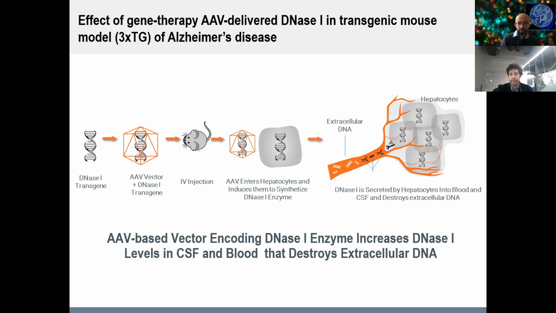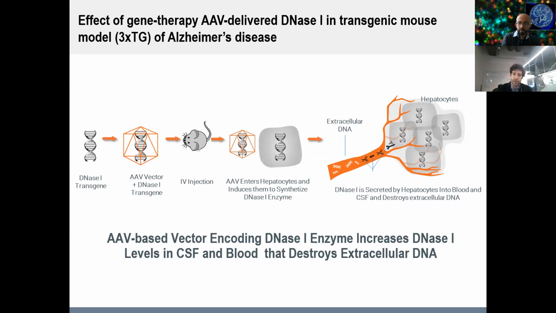For that, we developed an AAV-based vector encoding DNase 1, and intravenous injection of the vector with a liver-specific promoter encoding the DNase 1 transgene cassette leads to long-term expression of DNase 1 in the liver. It results in a nice yield of DNase 1 secreted to the serum that also gets to the cerebrospinal fluid. So in other words, we increased serum and cerebrospinal fluid DNase 1 activity and cleaved extracellular DNA in these animals.